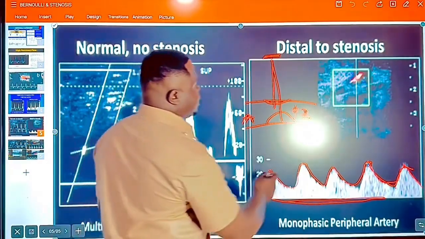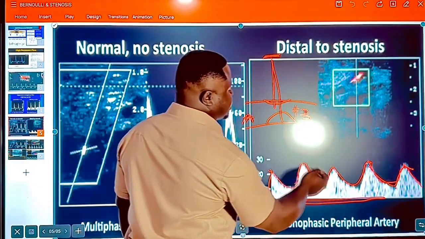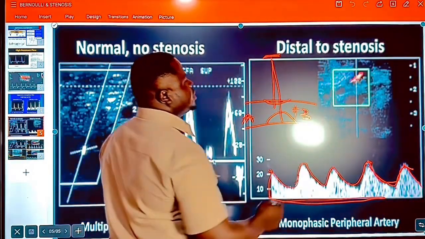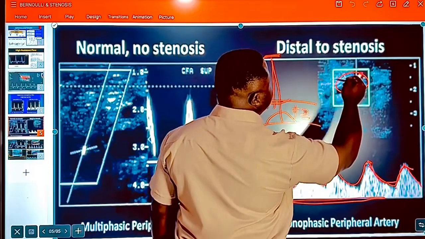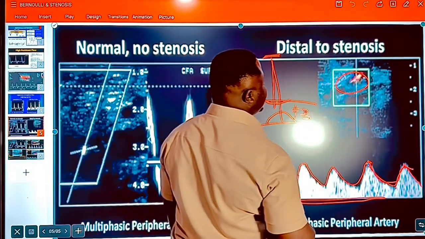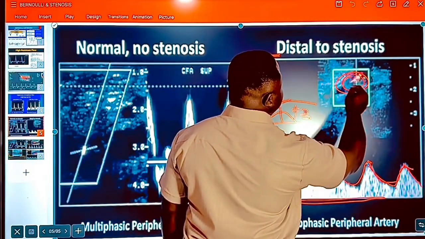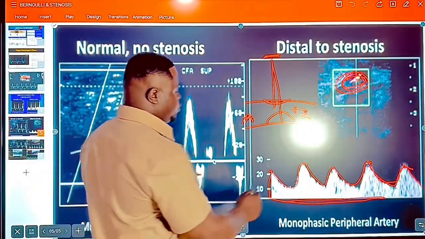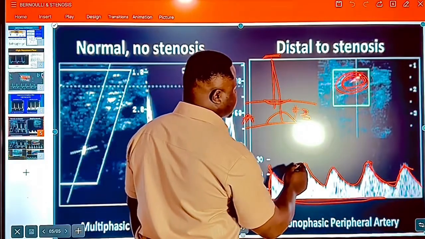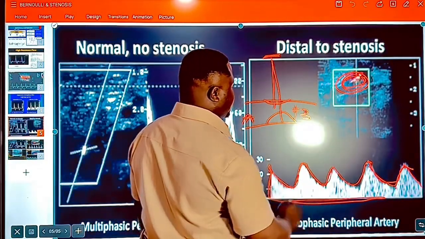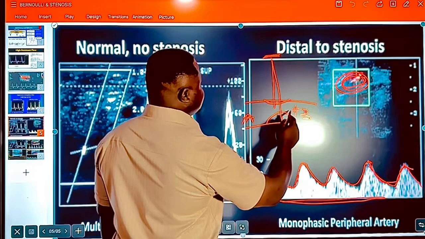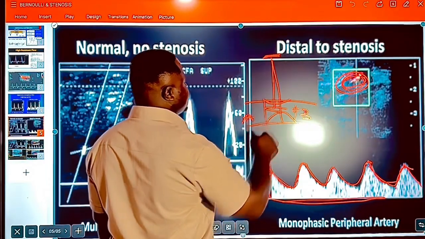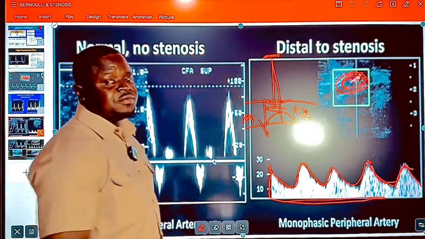This is telling you that there is a significant stenosis upstream. So look at it here. We are seeing a bridge here, a color flow here, telling us that there's a significant what? So mostly monophasic waveforms, we see them downstream of what? Stenosis. So once you see something here, just check upstream, and mostly you see an abnormality along the vessel wall.